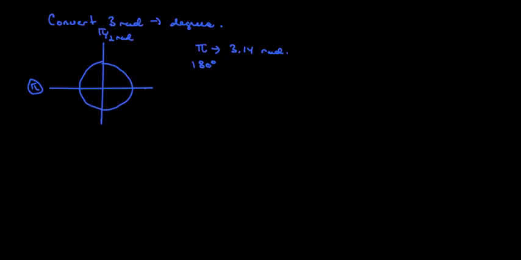Okay, don't make the following mistake. I see students do this, so let me put this, don't make this mistake. Students, when they say 3 radians, it's just kind of a knee-jerk reaction.